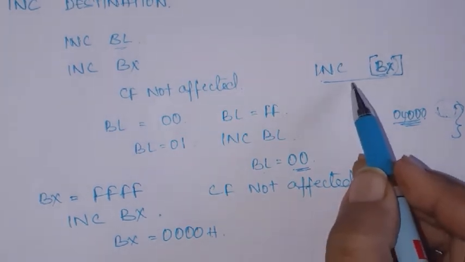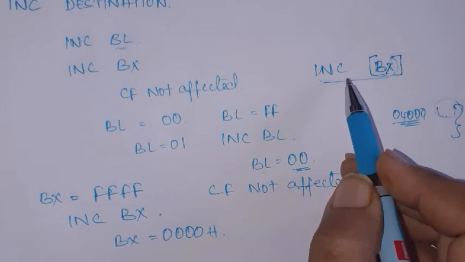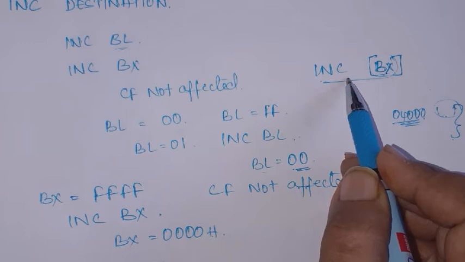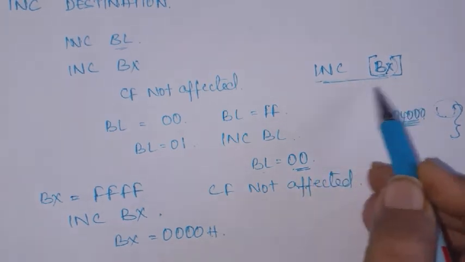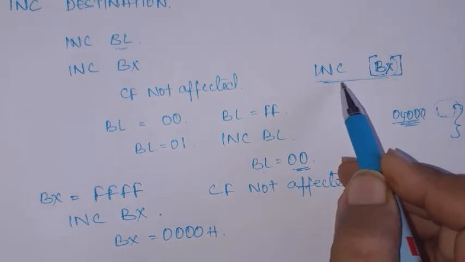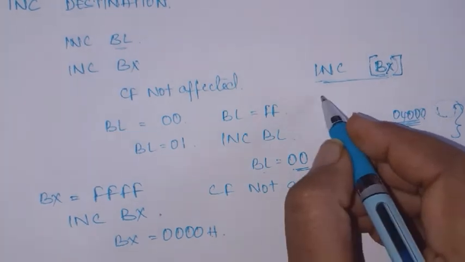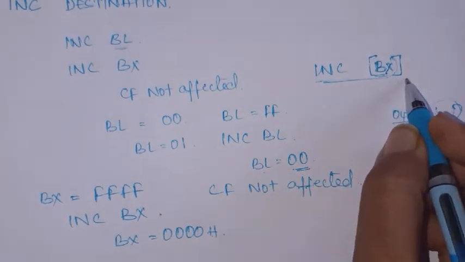If you are doing manual coding, then the opcode for byte increment will be different and the opcode for word increment will be different. If you are converting this to codes using an assembler, then there is a directive to indicate whether it is a byte pointer or a word pointer.